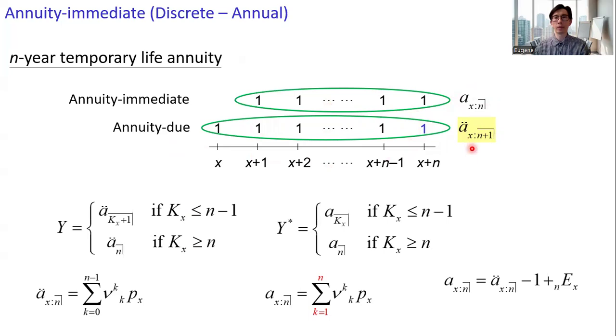And then you can compare the two streams of the payments. Linking this up, we get another relationship. N-year temporary life annuity immediate equals an n plus 1 year temporary life annuity due minus 1. And again, this one is the present value of the first payment here.